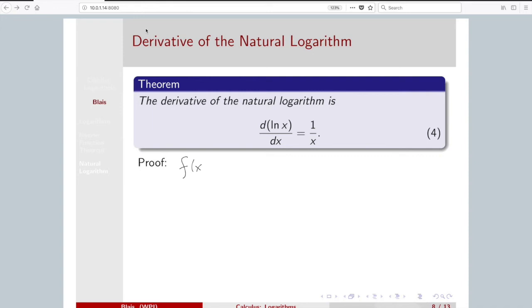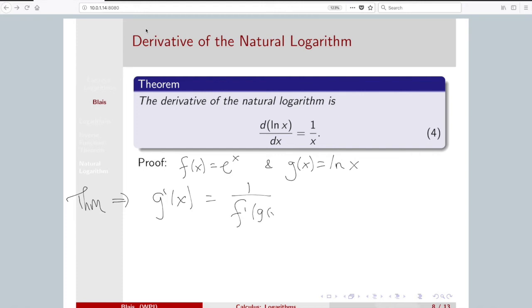So if we let f of x be e to the x, and its inverse g of x be natural log of x, then our theorem said that g prime of x, so the derivative we're after, derivative of natural log of x, is 1 over f prime of g of x. Well, if f of x is e to the x, its derivative is itself.